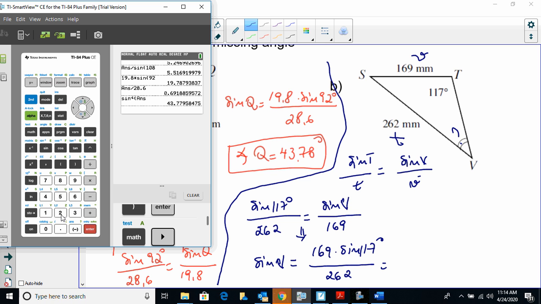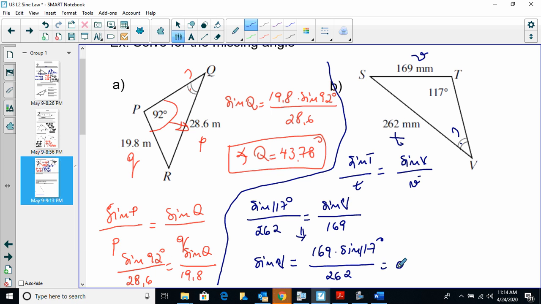Using the calculator, we'll have 169 times sine 117, enter, divided by 262, enter. 0.56, I will write this down so that you have it, 0.57, and so on.